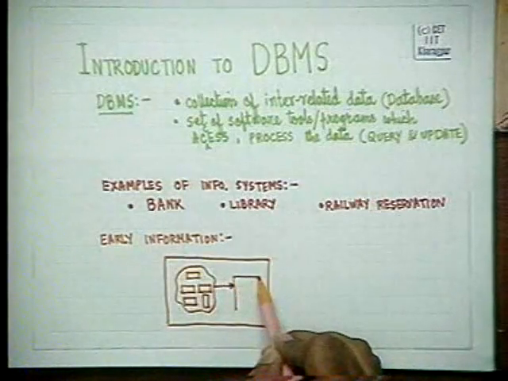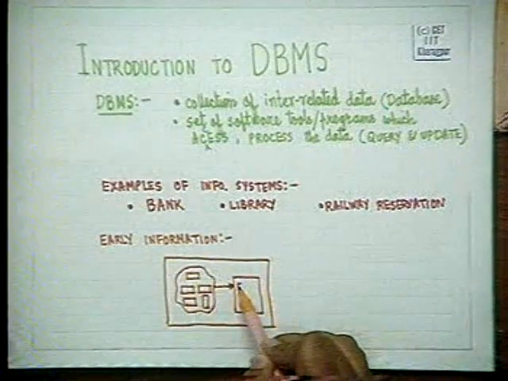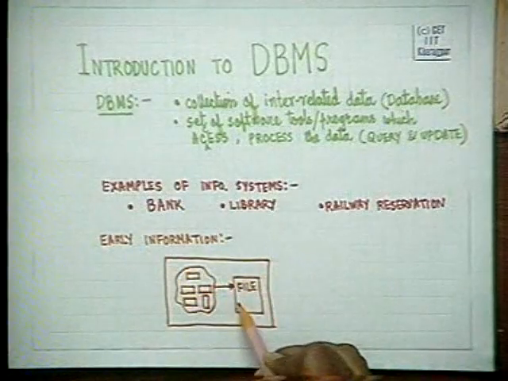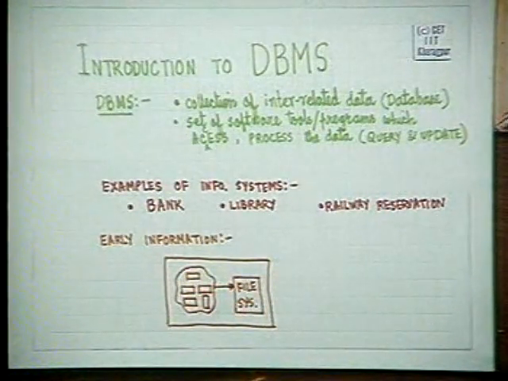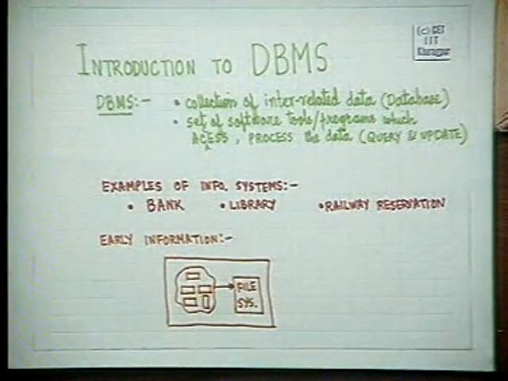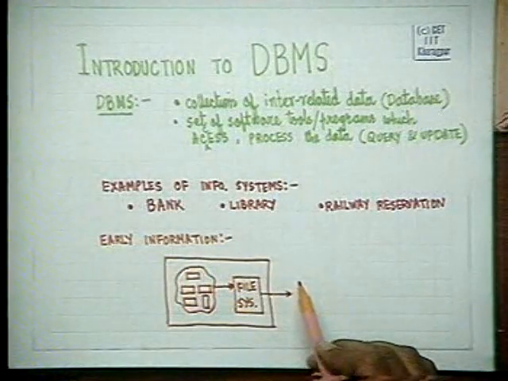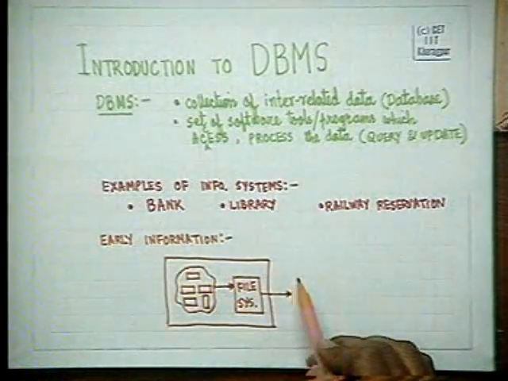That is, the file system which is usually available in the computer operating system provides you a file system, every operating system, and this file system directly accesses what is called the disk, where all the data is stored.